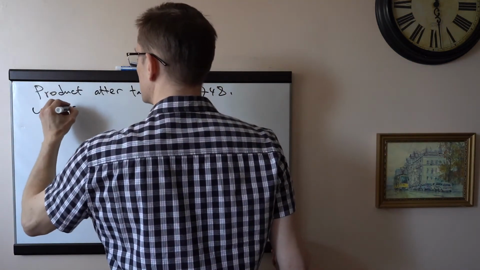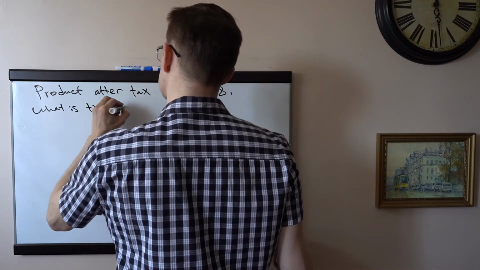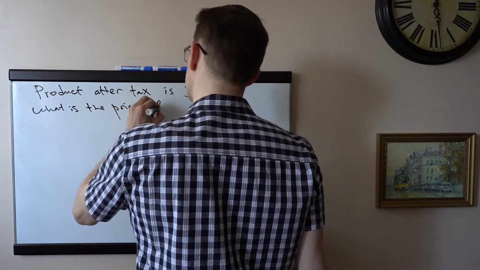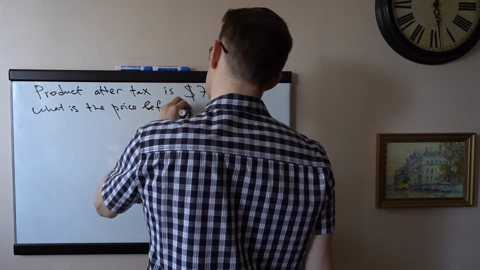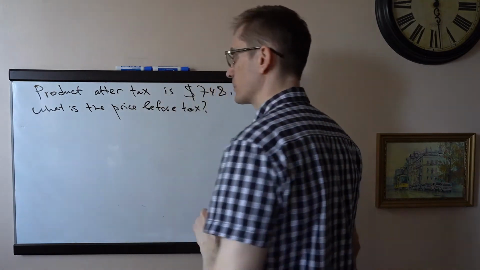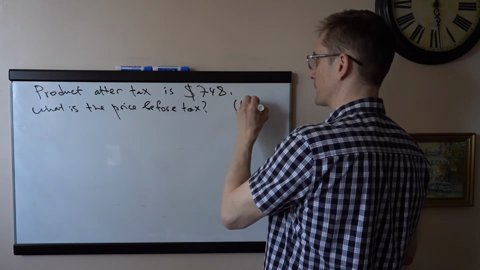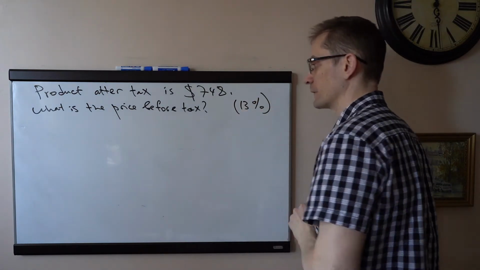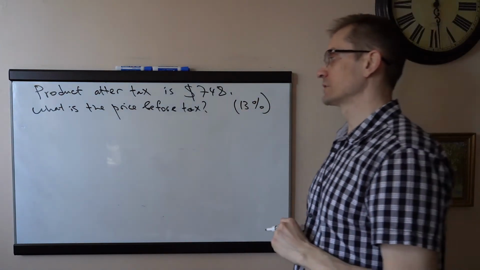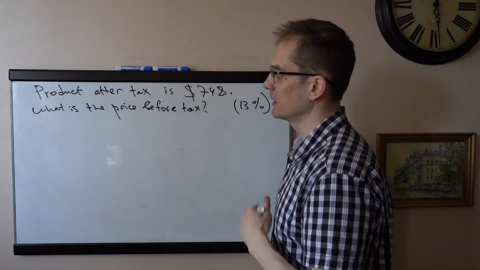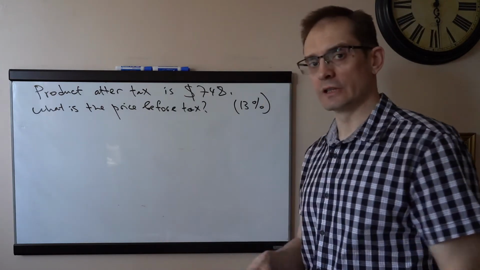What is the price before tax? We assume that tax is 13%. So product after tax is 748. What is the price before tax?